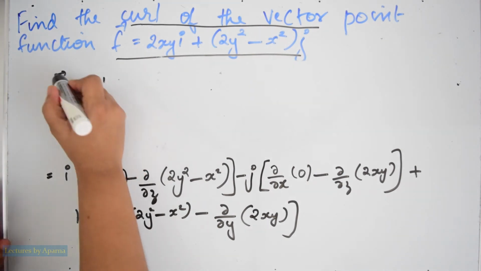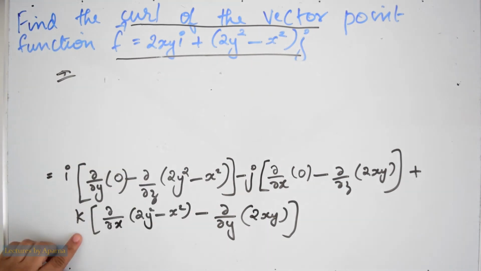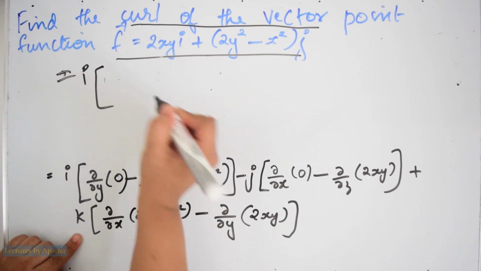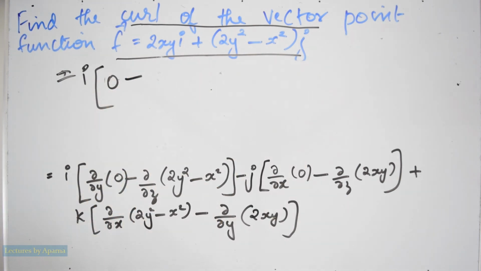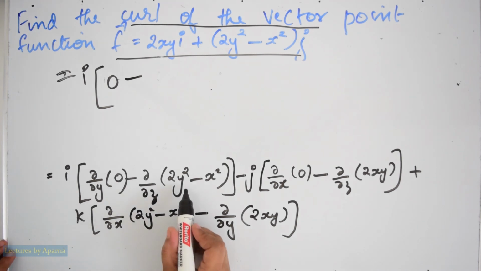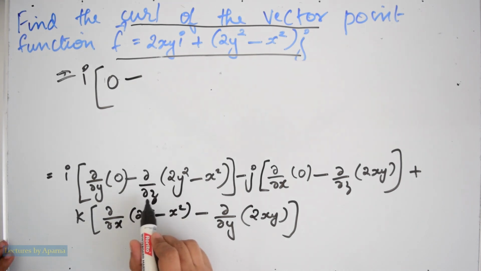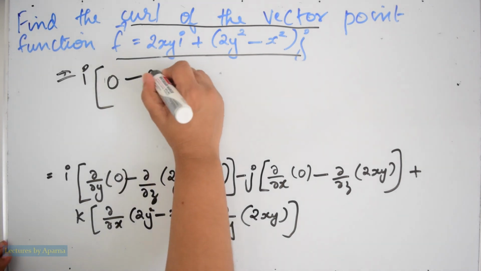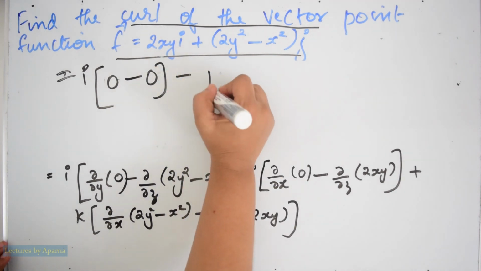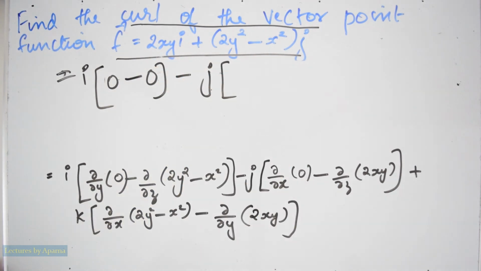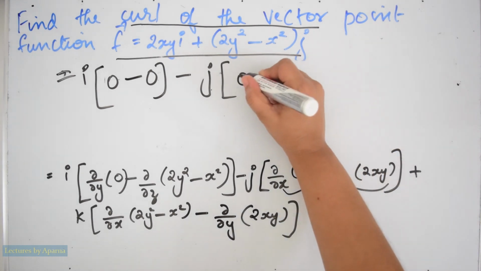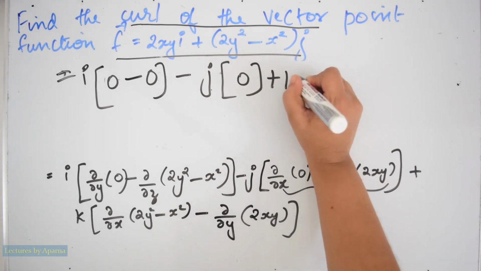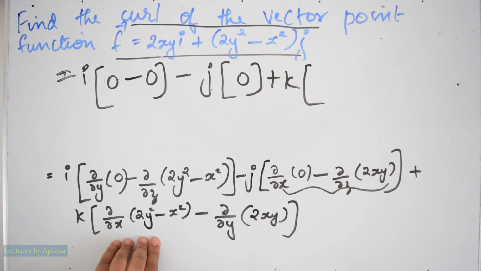This will be equal to i into 0 minus, this is dou by dou z of this function, so this is also 0, minus j into, this is also 0, plus k into, what is this?